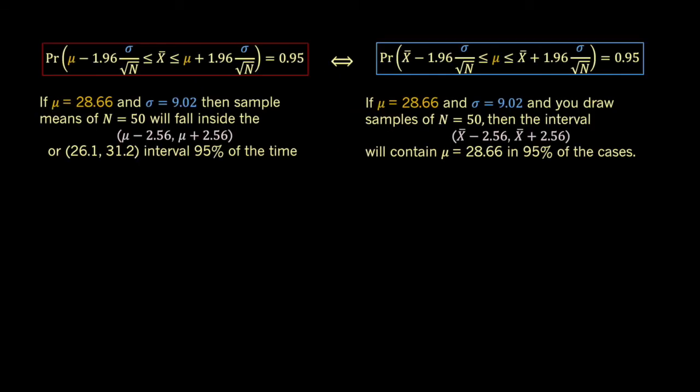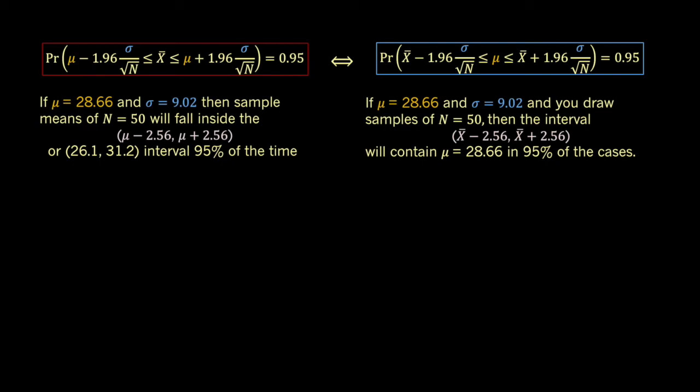We started with the red box here, a statement about where the mean falls. Intervals that will contain new sample means. If mu is 28.66 and sigma is 9.02, the new sample means of size 50 will fall inside a very specific interval. This interval is mu minus 2.56 and mu plus 2.56, or 26.1 and 31.2.